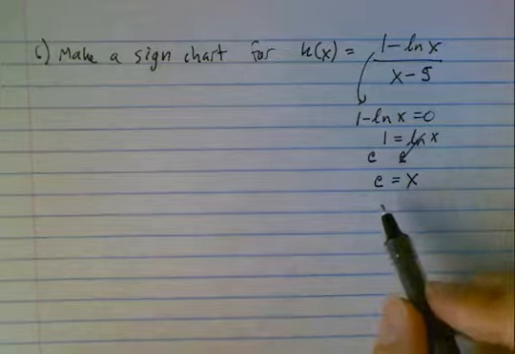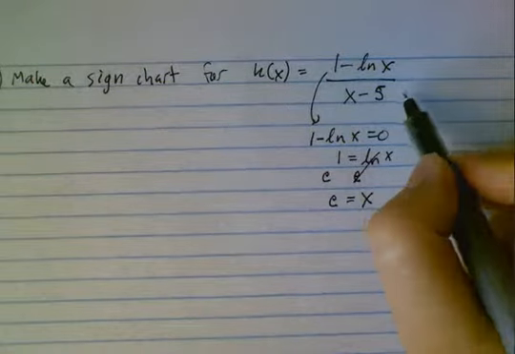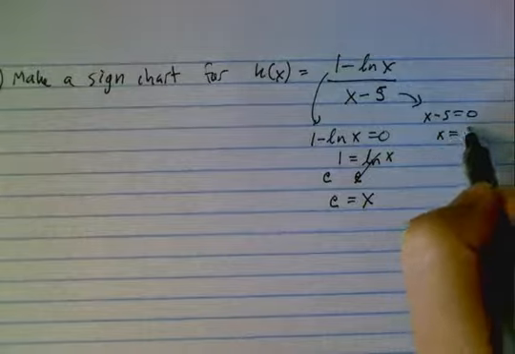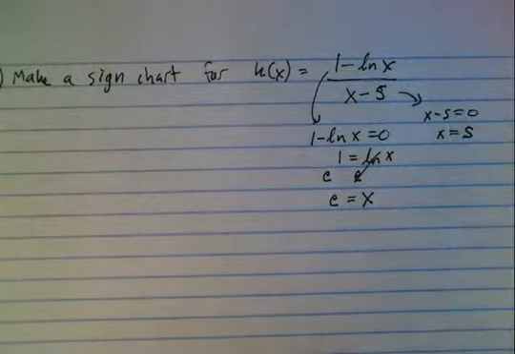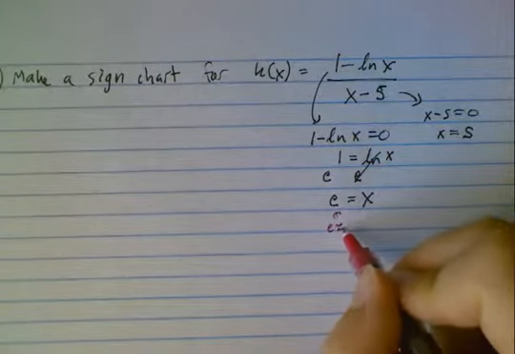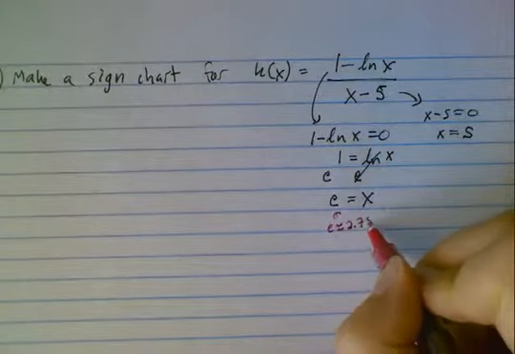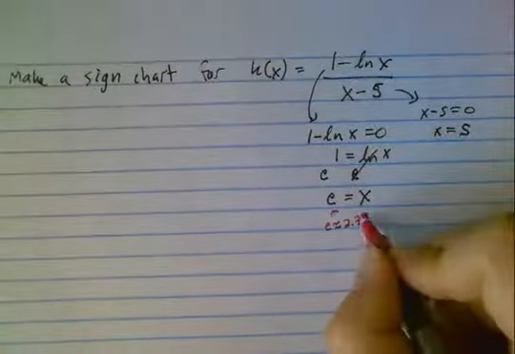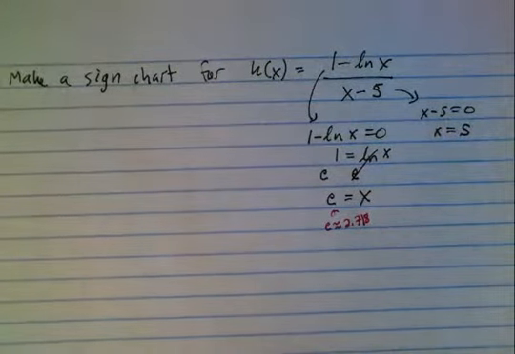It just stands for about 2.78. x minus 5 equals 0, x equals 5. So let's put the approximation for e under here. Excuse me, that's 2.718 right there.